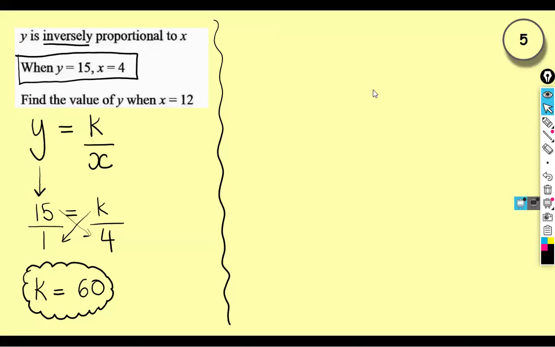All right. So we have, let me replace the k with the 60. So y is equal to 60 on x.